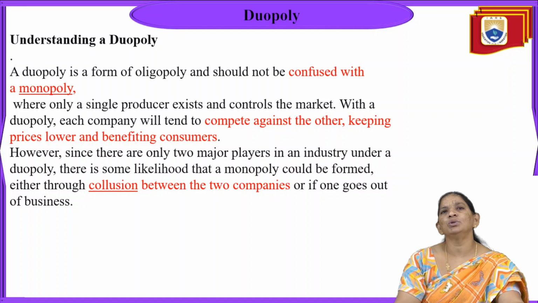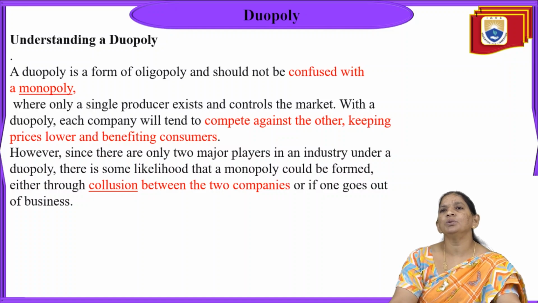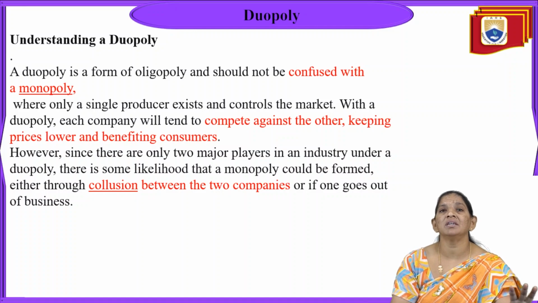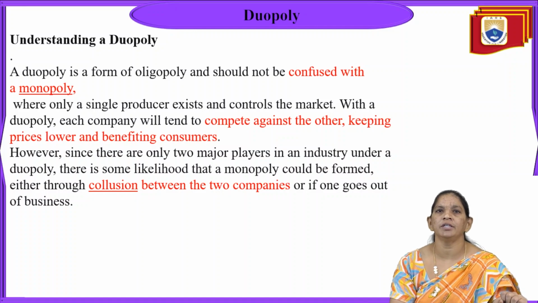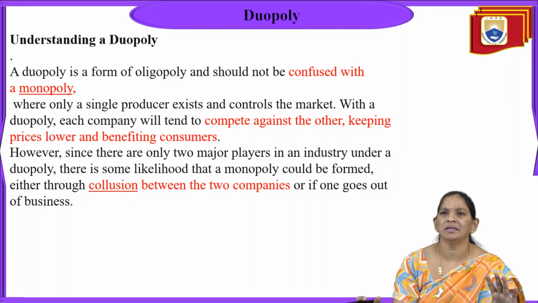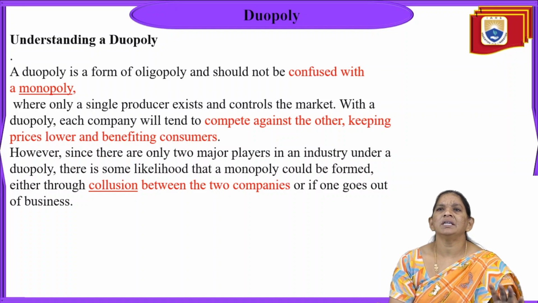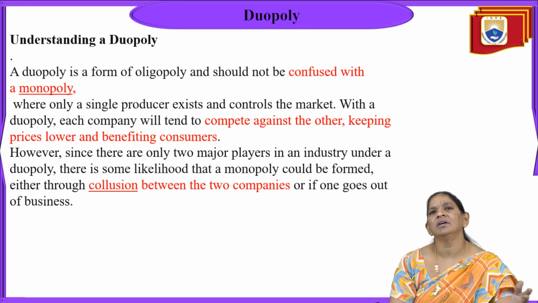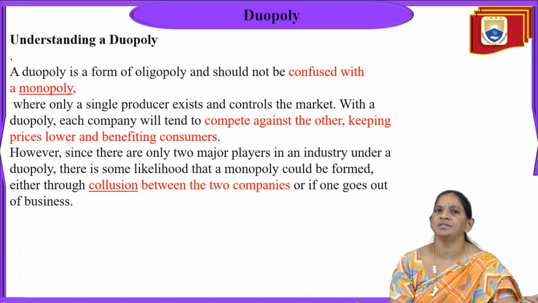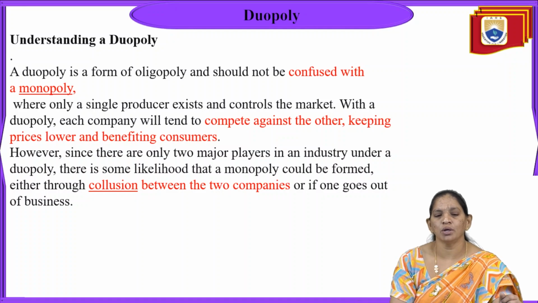Next we come to the topic of oligopoly, duopoly, and monopoly. There may be a little bit of confusion in the market, saying that maybe all are similar and the same, but each market structure has its own type of product differentiation, its own pricing strategies, and its own benefits to consumers.